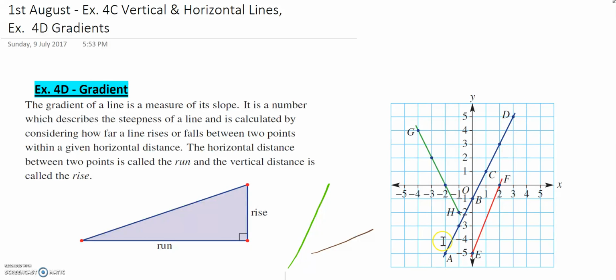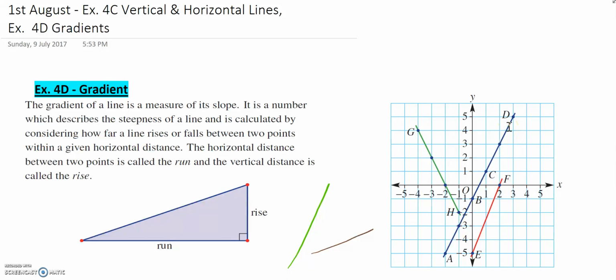Imagine that these are steps, staircases. So you'll go up and then across, up, across, and you'll keep doing that until you get to point D.